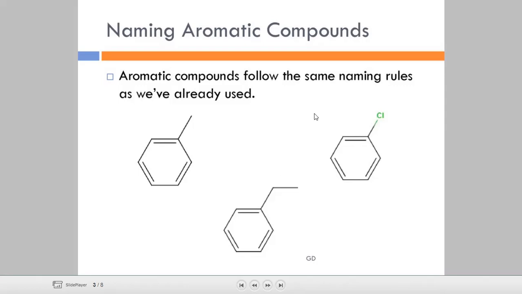Okay, remember, you can use the word benzene as part of the name. You don't have to go through the 1,3,5-cyclohexatriene. Just say benzene and it's accepted as part of the name. Okay? Okay. So what would be the name for this?